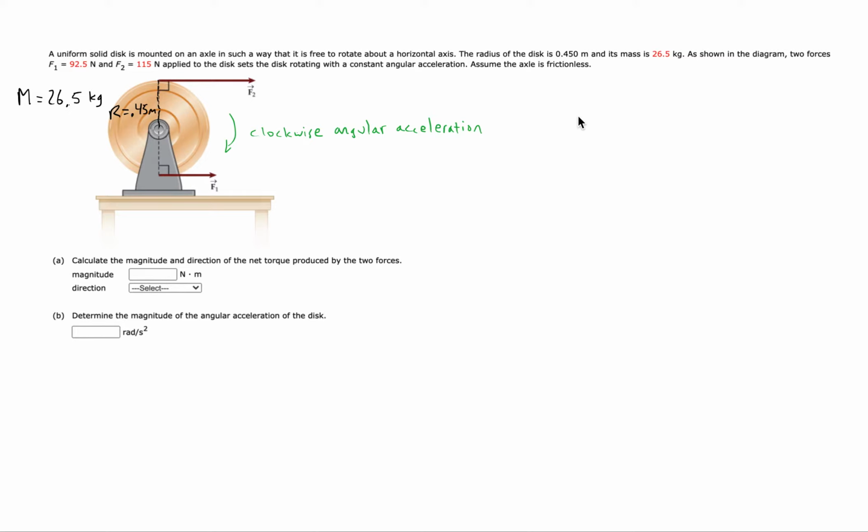Alright, so to get the net torque, we'll just want to sum up all the torques that are being applied. There's actually going to be just two in this case, T1 plus T2. And so we could do our net torque in relation to the z-axis.